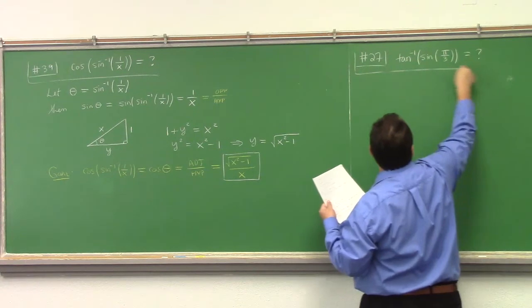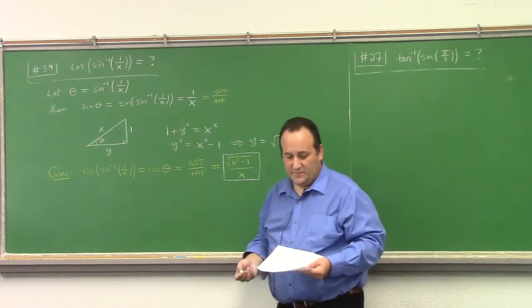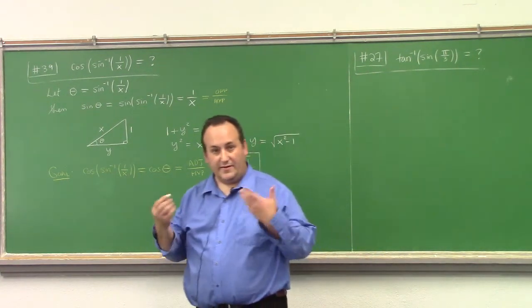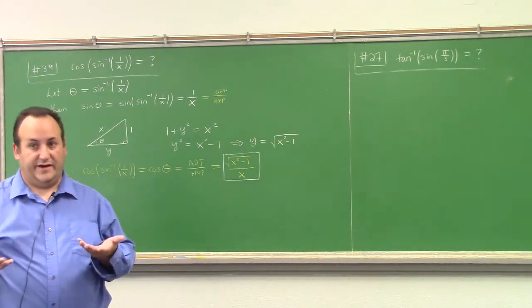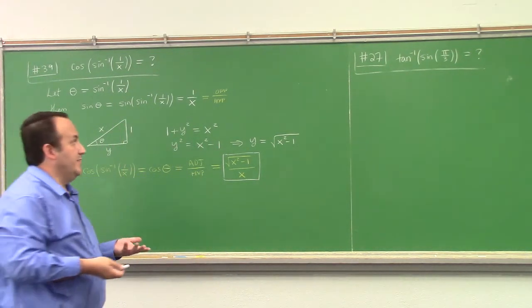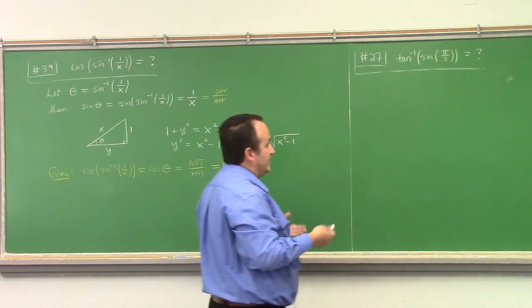Now, of course, one way you could do this is to get your calculator out and just work it out. But I'll show you how to think through it in terms of exact expressions.